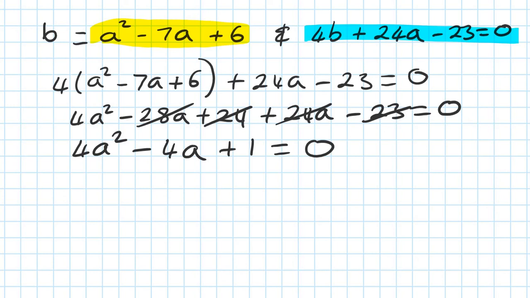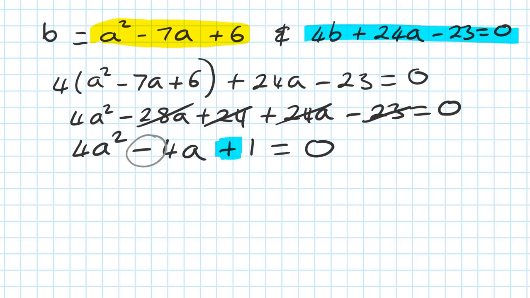Now, to factorize this, if you don't know how, please watch my previous videos on factorizing non-monic quadratic equations. Remember, if you have a positive here, you just copy whatever the sign is.